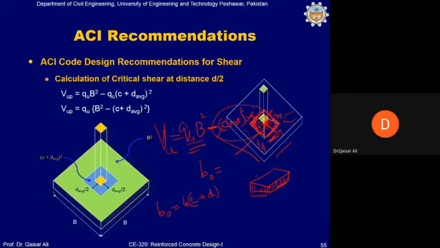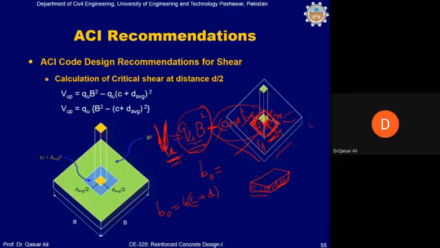Although it has very minimum significance on the magnitude of Vu, as you will see in the example, Vu will be very slightly reduced if we do this. But as you have seen in our several lectures, this is a permission granted to us by the ACI code, that instead of using qu B square, which will give you more shear, and in the case of more shear, you will need more thickness.